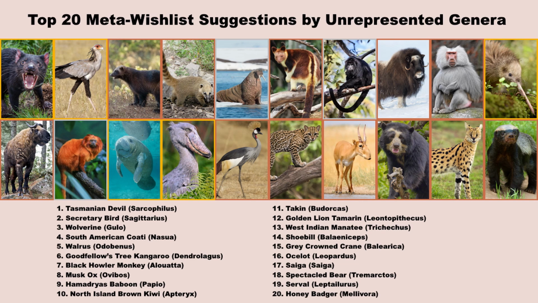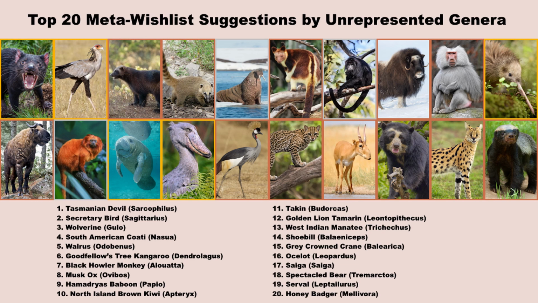We've got the spectacled bear in. Again, bear-wise, I'm not overly fussed on getting more bears, but if we had all the bears, then it's not the end of the world for me. Serval, same feelings as the ocelot for me, but I know a lot of people would like the serval, so I can see maybe it being added potentially in the future, you never know. And then lastly, the honey badger, definitely a funky little species that a lot of people are aware of, a lot of people would like.